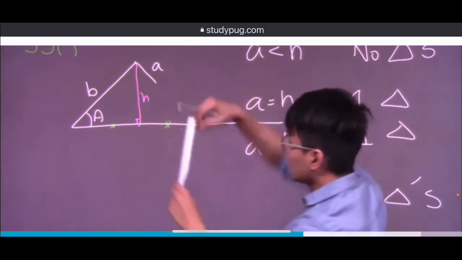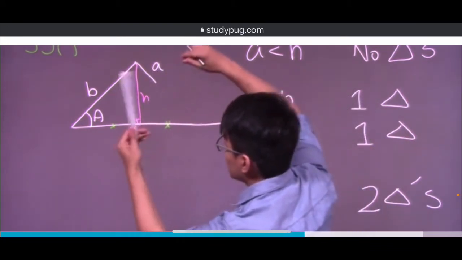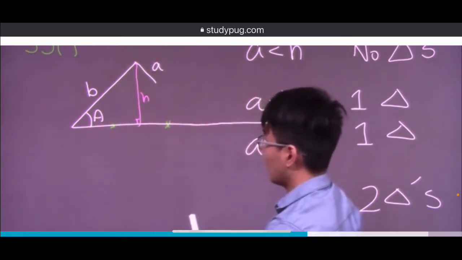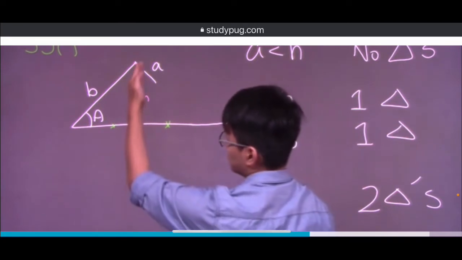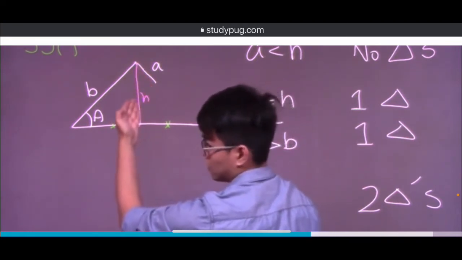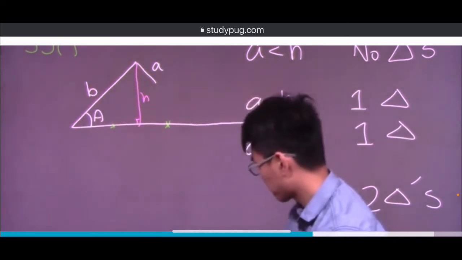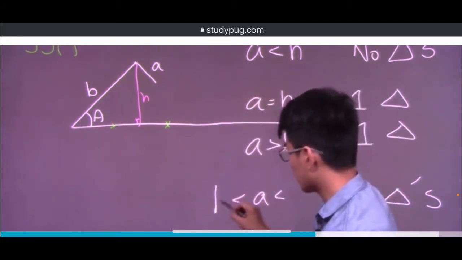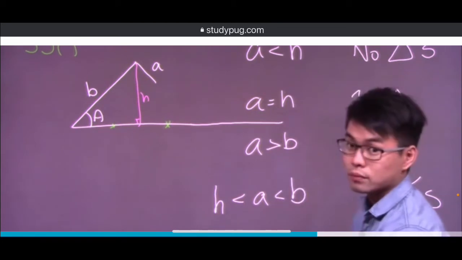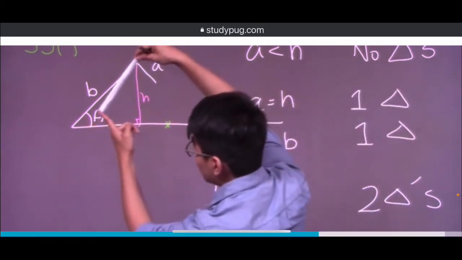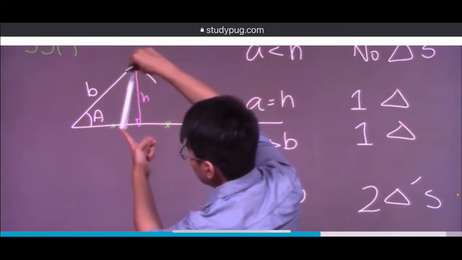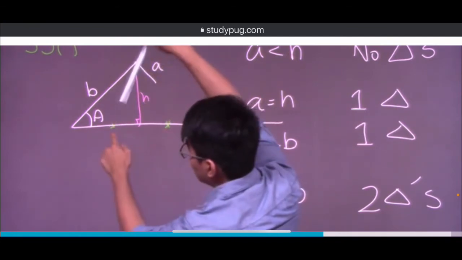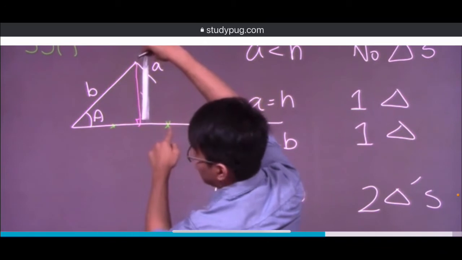If the length of A is in between the length of H and the length of B, this endpoint would touch the base of the triangle twice, once here, the second time here.